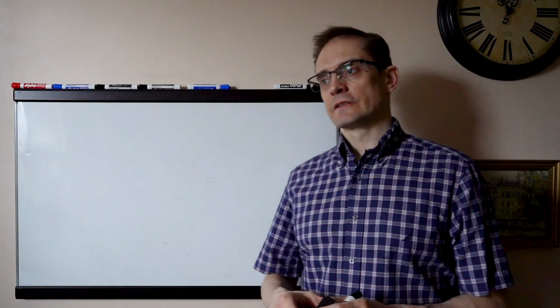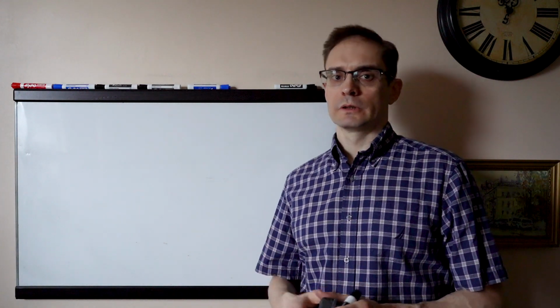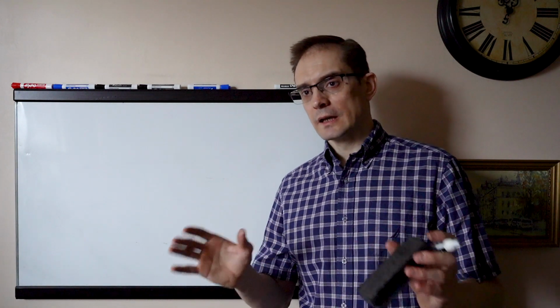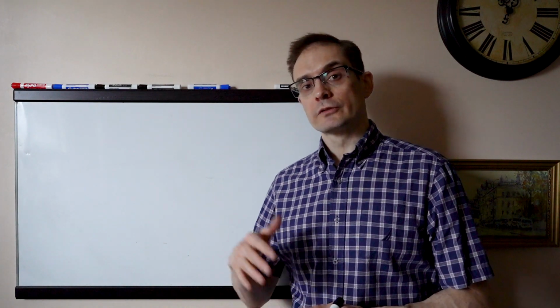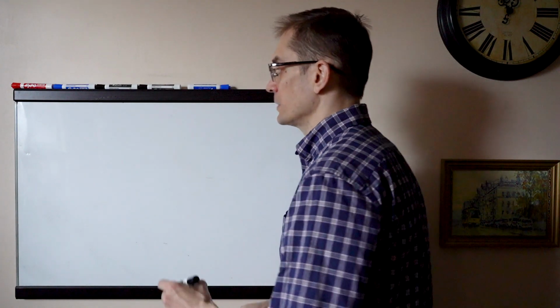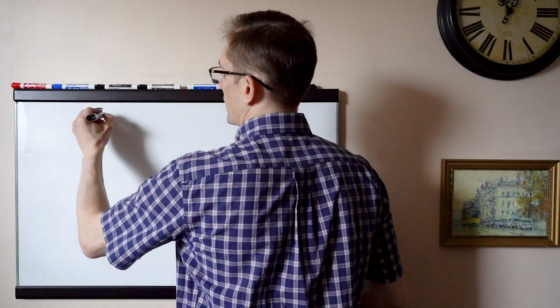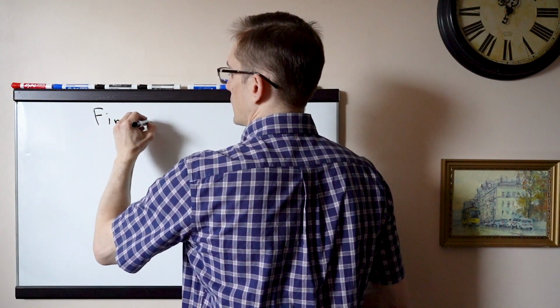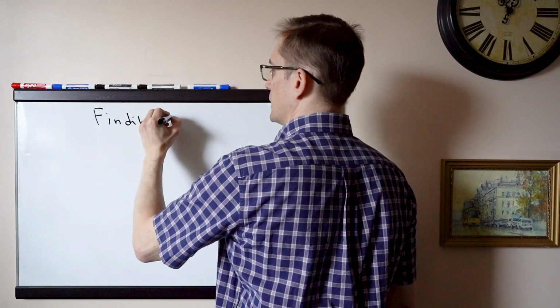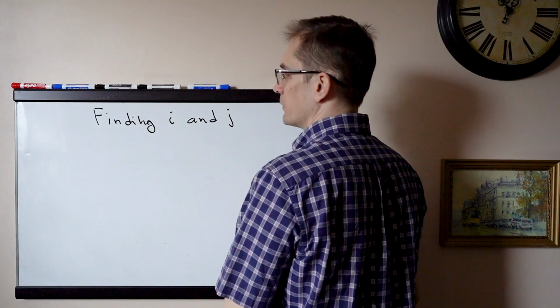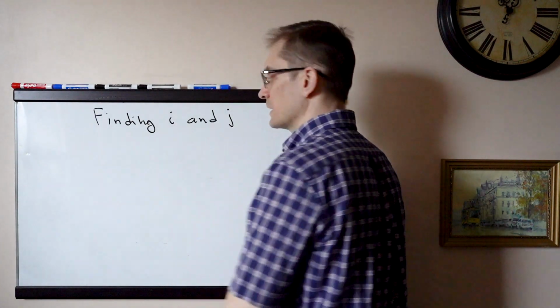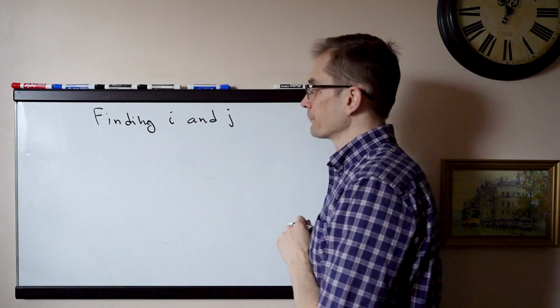All right, after this review of compound interest, and after solving 3 more or less complicated problems involving compound interest, we are ready to proceed to the next part, and that part will be finding I and J. So what we want to find now is the periodic rate and the nominal rate.